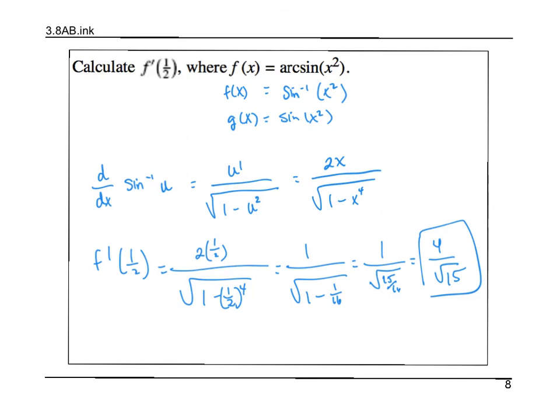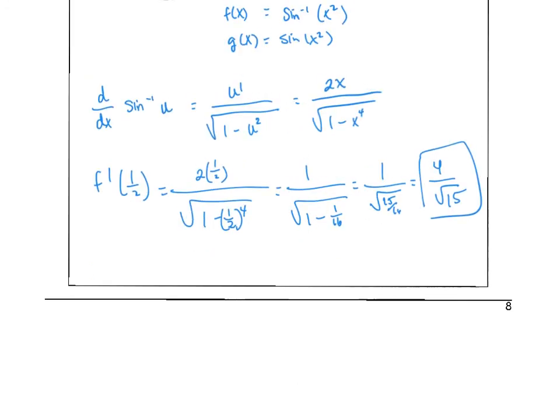If you want to see this using the proof, I think I have enough room here to work on it. So again, f of x equals sine of x squared. Sorry, I'm labeling it differently right now.